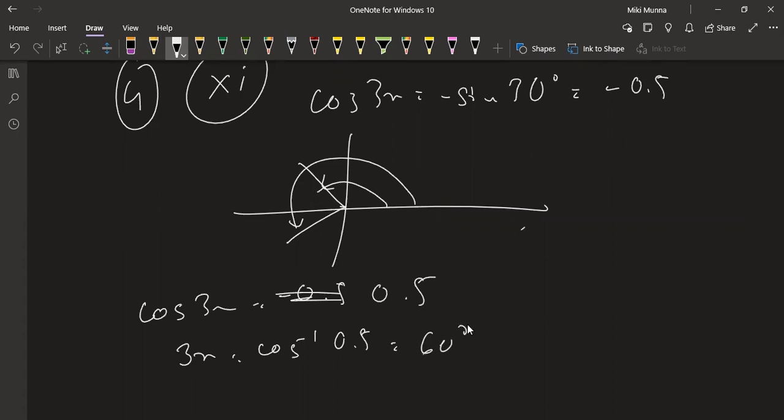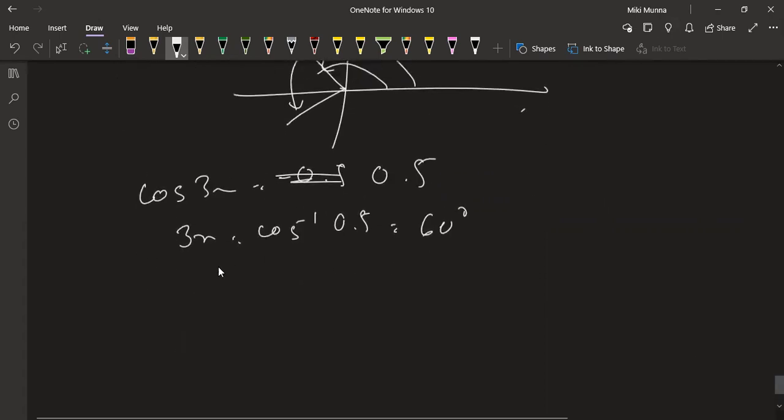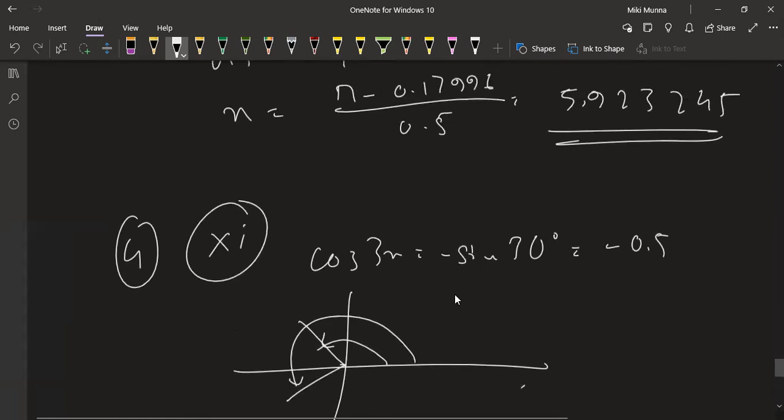We are getting 60 degrees here. So for 3x we have to divide it by 3, isn't it? That means 20 degrees. But see this thing, that this portion could also be considered.